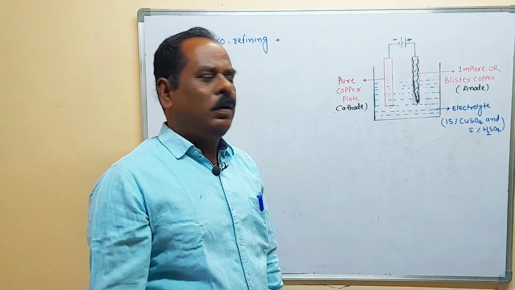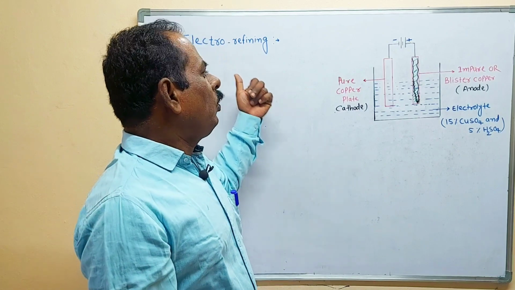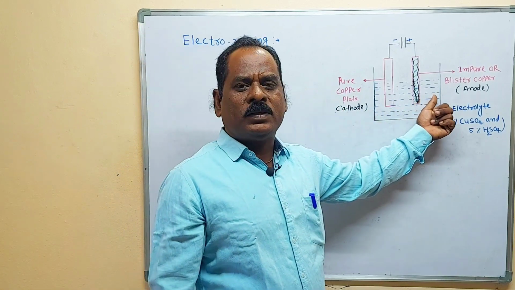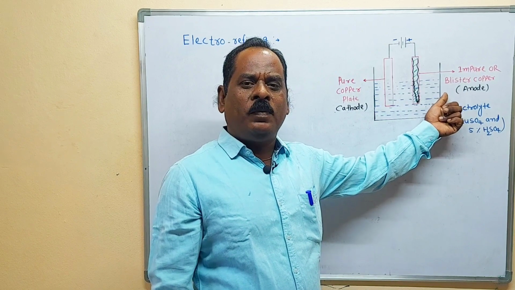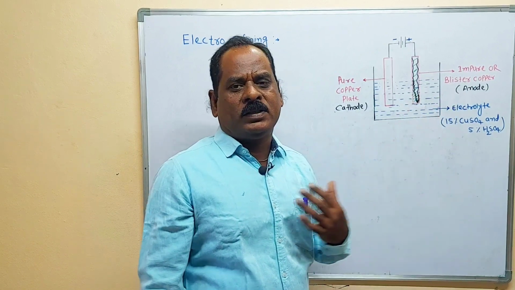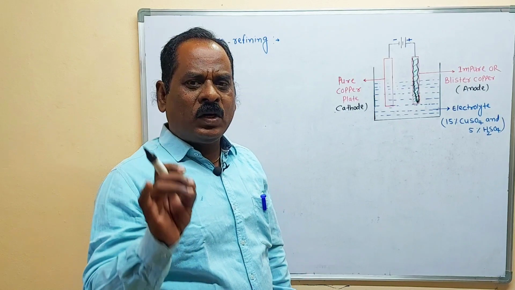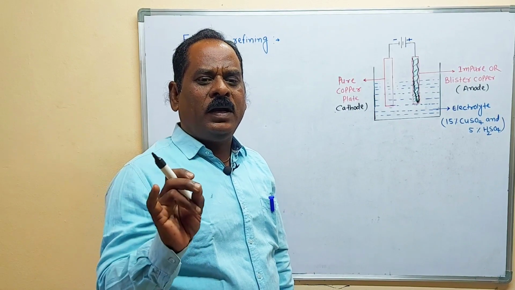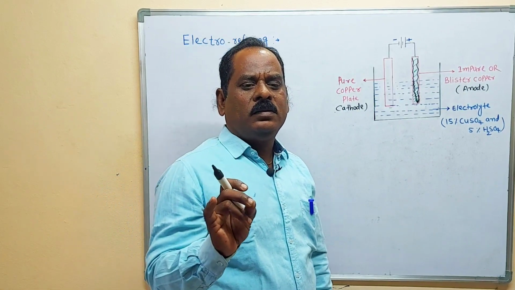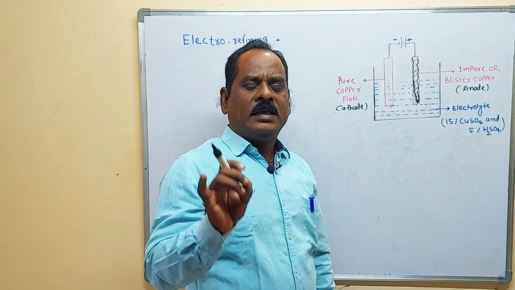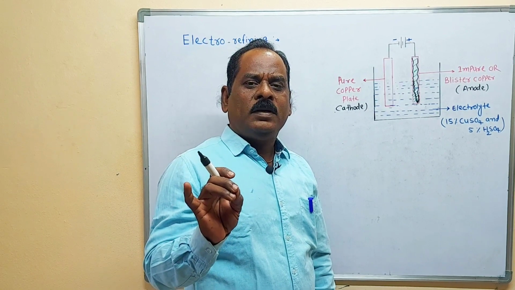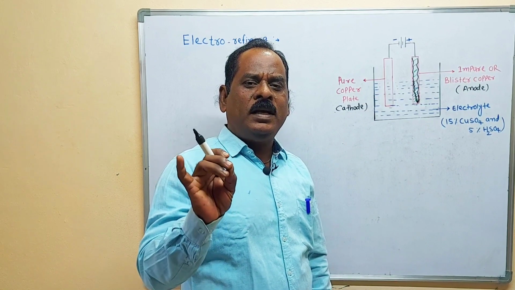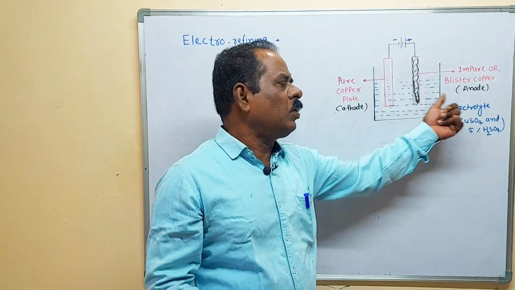For example, the electro-refining of blister copper. What is meant by blister copper? The impure state of copper is called blister copper. This blister copper contains zinc, iron, silver, gold, platinum. Such types of metals are present as impurities in blister copper.